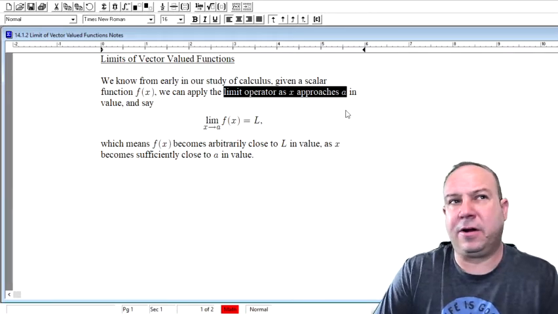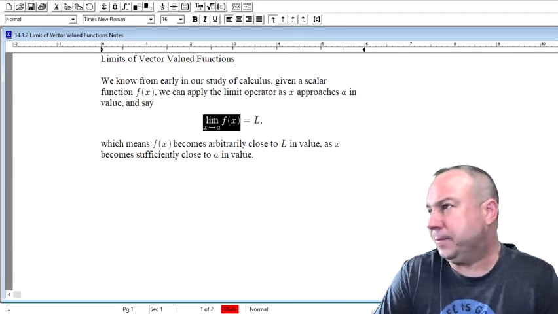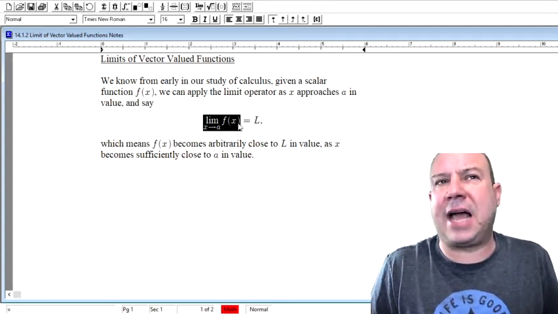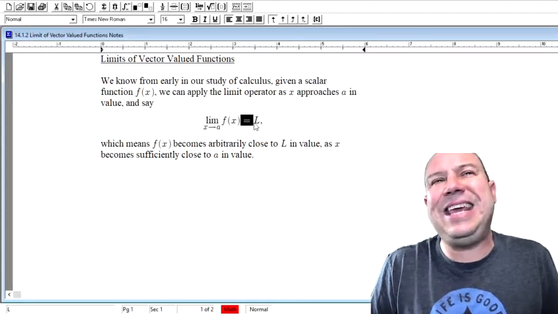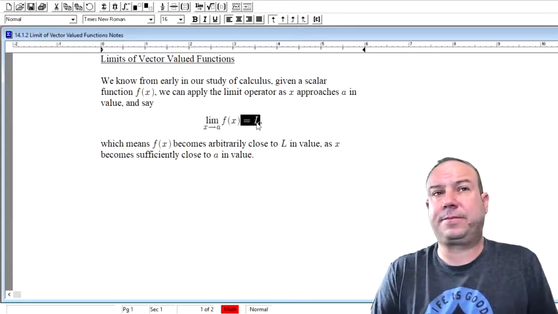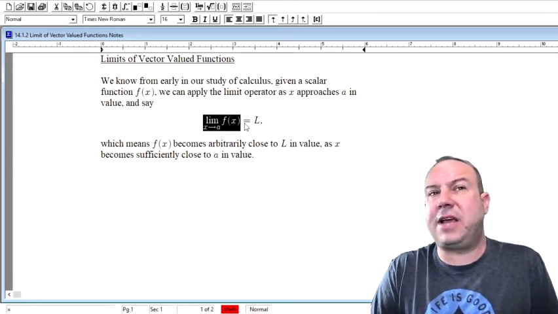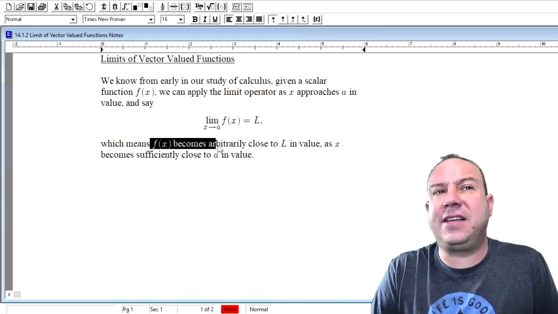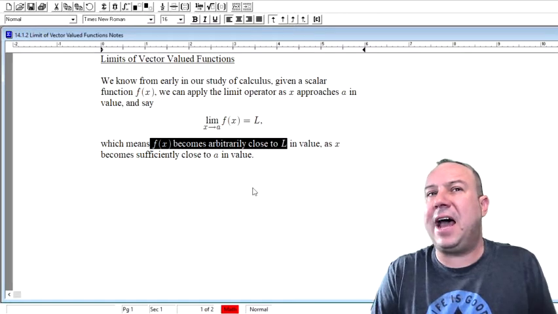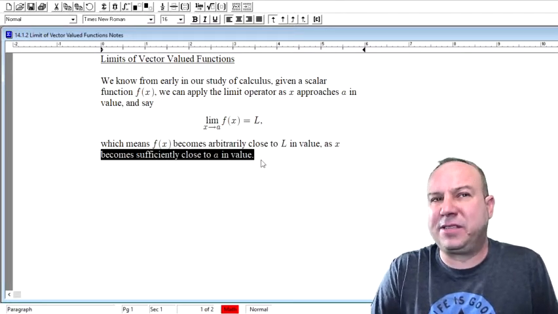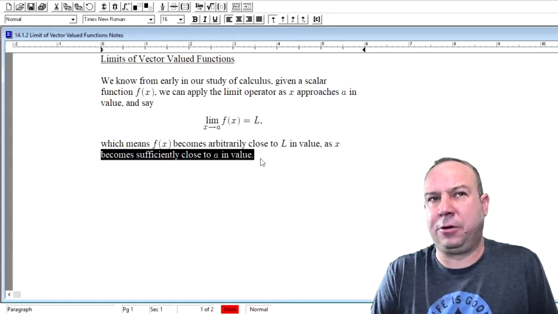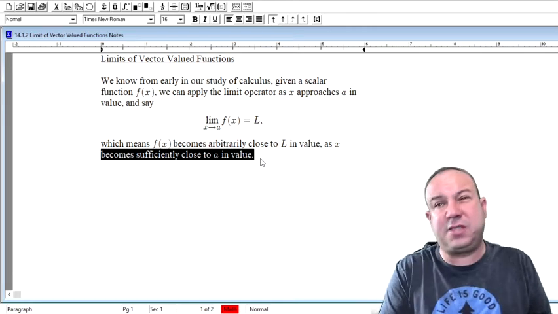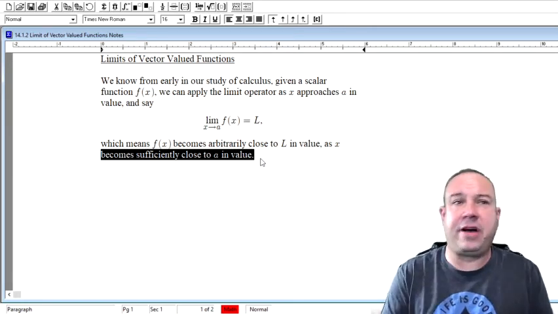We denote that mathematically: the limit as x approaches a of f of x equals L when f of x becomes arbitrarily close to L in value as x becomes sufficiently close to a in value.